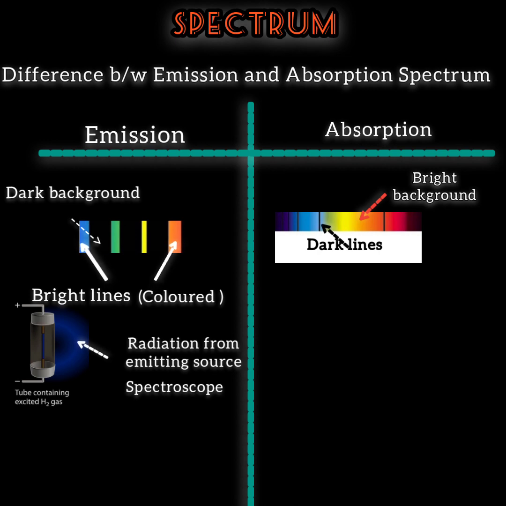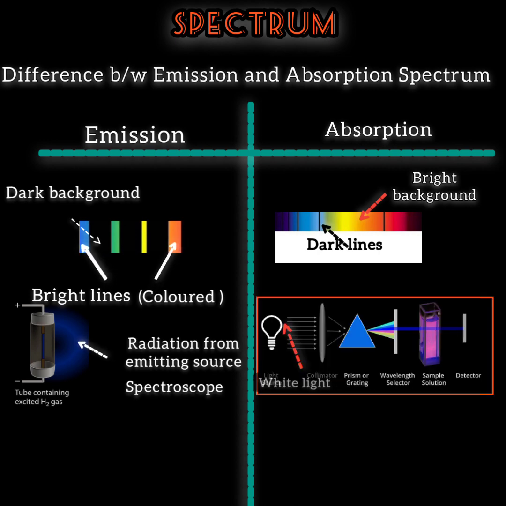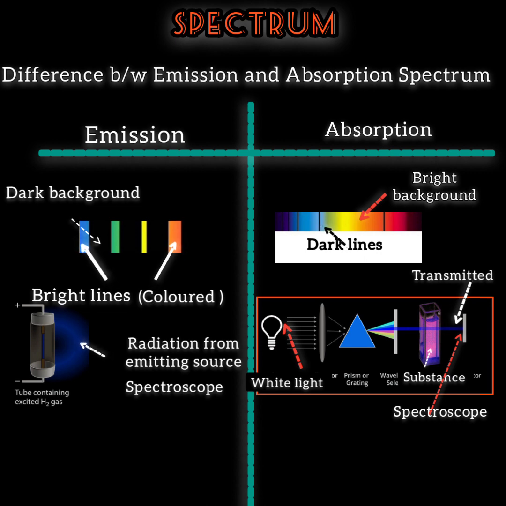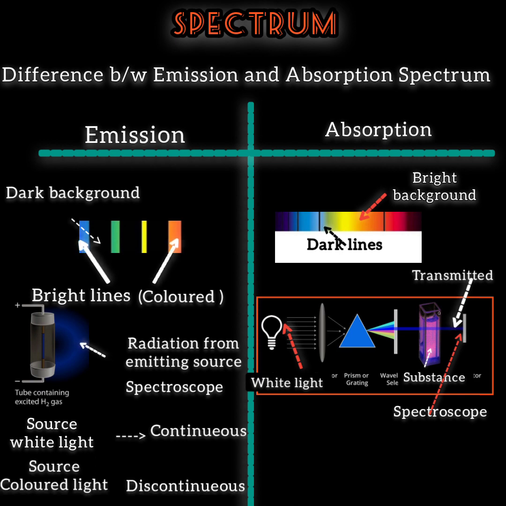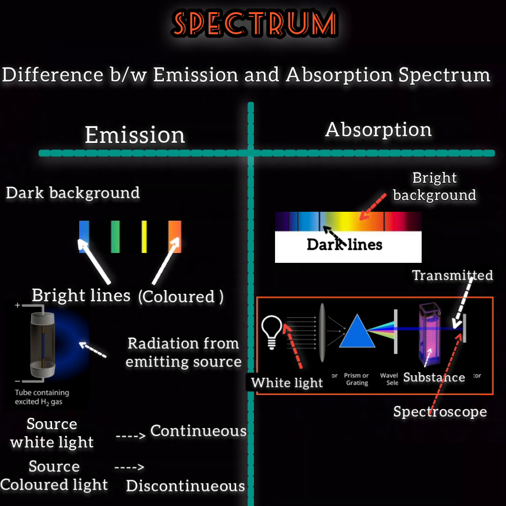Absorption: it is observed when white light is passed through the substance and the transmitted radiations are analyzed by the spectroscope. Emission: it may be continuous if the source emits white light and may be discontinuous if the source emits colored light. Absorption: it is always discontinuous.